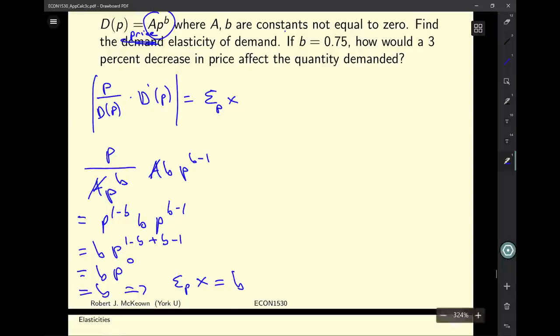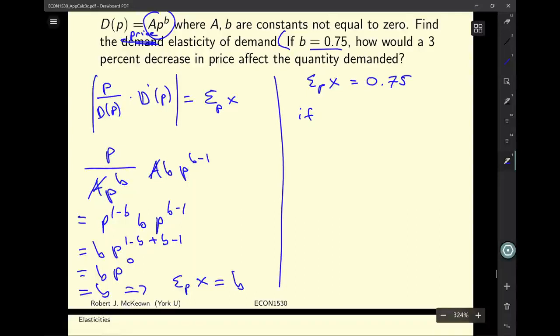Now the next part of the question is saying, well, suppose B is equal to 3/4, 0.75. How would a 3% decrease in price affect the quantity of demand? All right, so for the second part, we know that the price elasticity of demand is equal to 0.75.